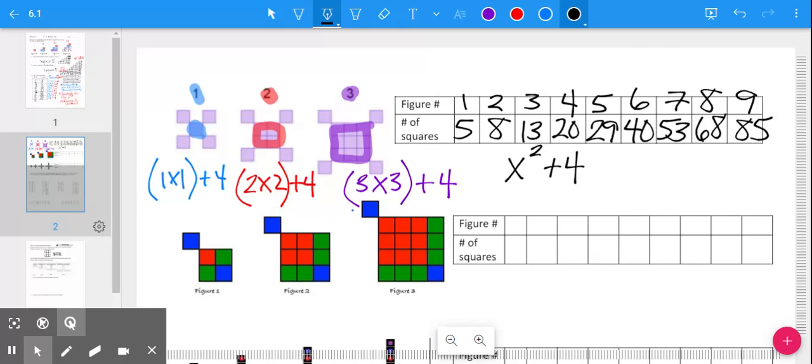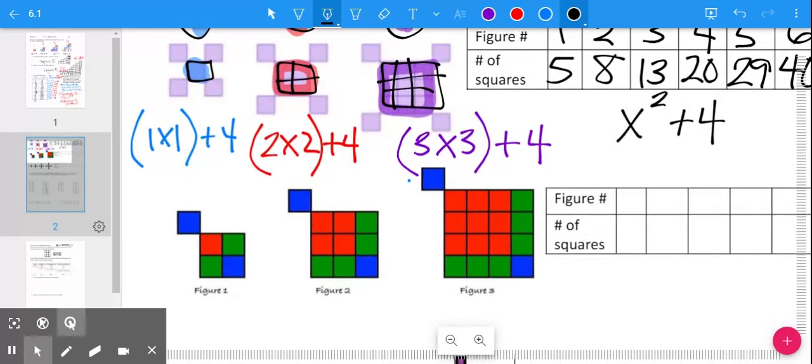So sometimes when you have these perfect squares in your image, so there was 1 in the middle, and then a 2 by 2 in the middle for figure 2, and a 3 by 3 in the middle of figure 3, you can see those patterns.